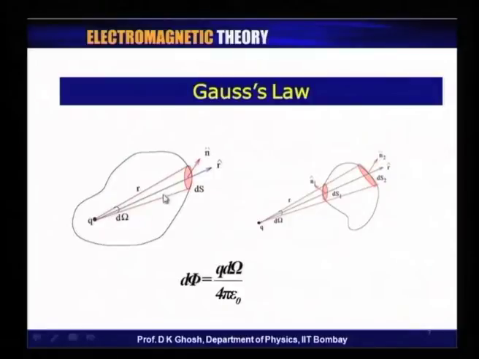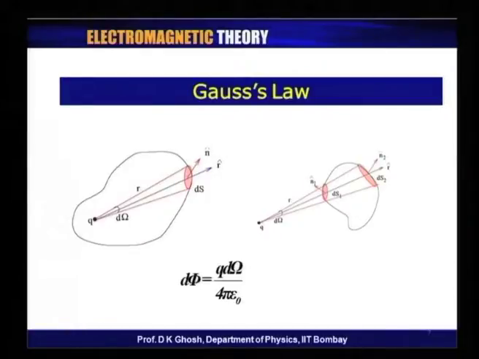So, what I do is this, I need to calculate the electric field at every point on this surface. So, let me take an infinitesimal surface area ds at a distance r along the vector r from the point q. Now, using this surface area, I connect it to q and find out the solid angle d omega that this surface element ds makes at the point q.